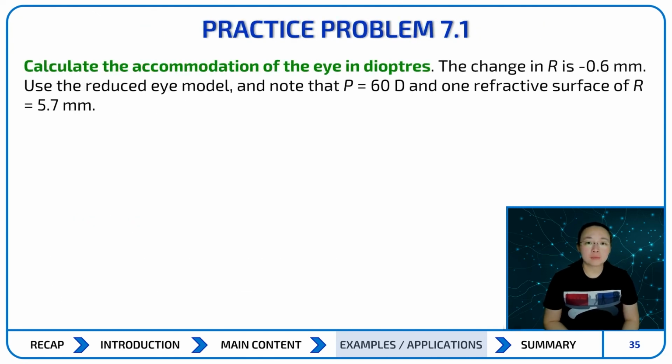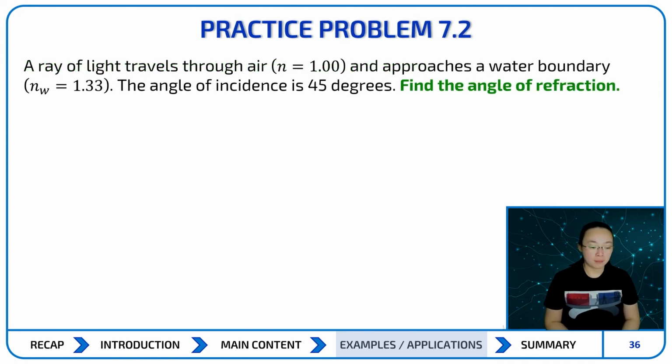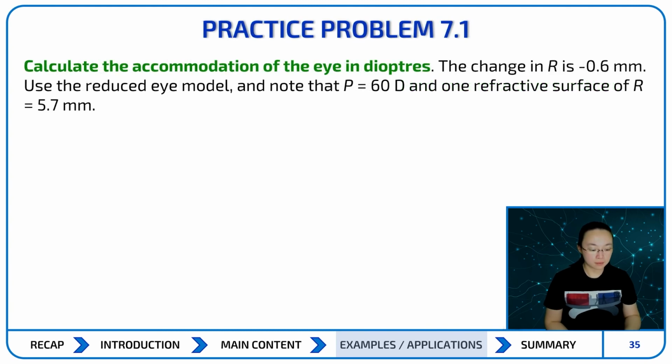Now for some practice problems, just so that you can familiarize yourself with what types of questions we'd be asking you. You should be able to calculate the accommodation of the eye in diopters. So just remember how refractive power is calculated and then be able to figure out the change in accommodation.